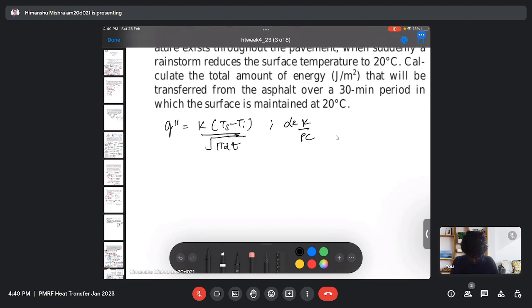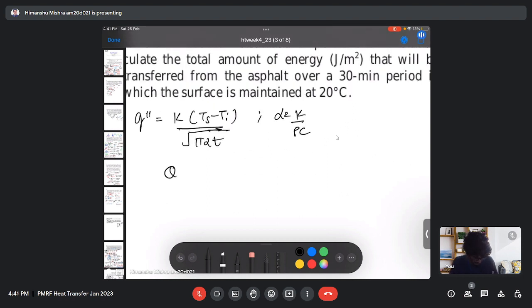So my total heat transfer will be the integral of the heat over the 30-minute period of time. So here the upper limit of t is 30 minutes.